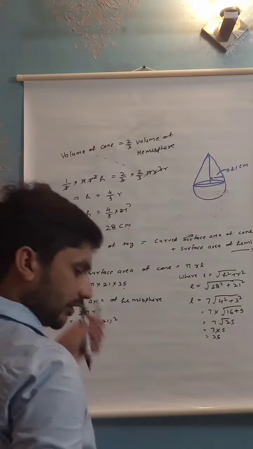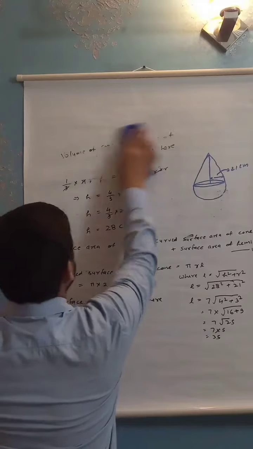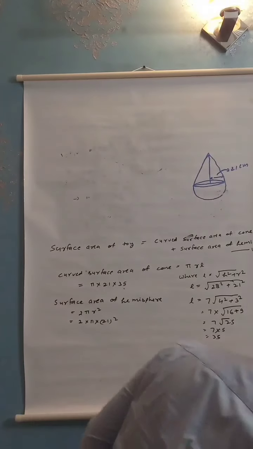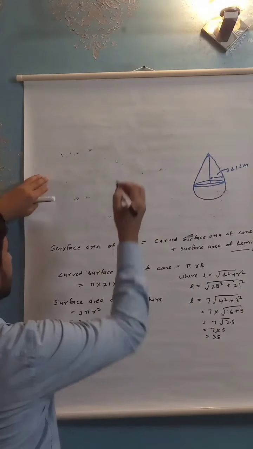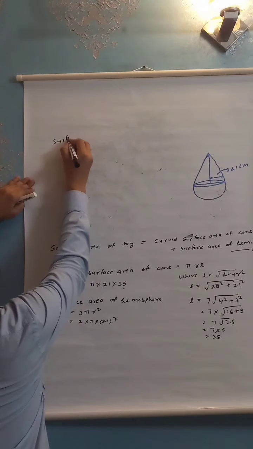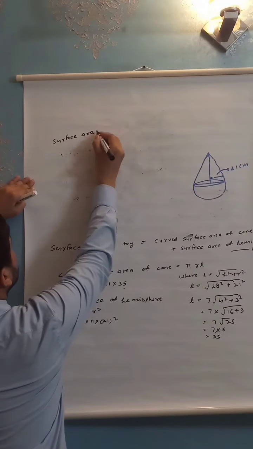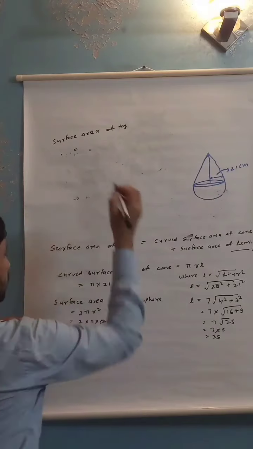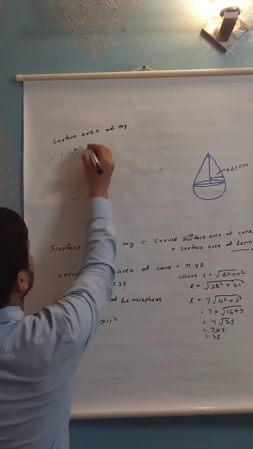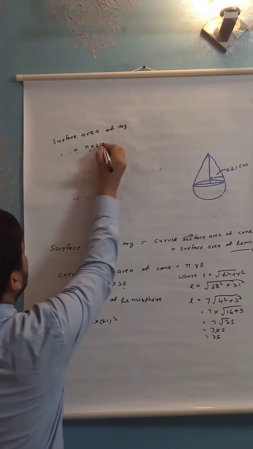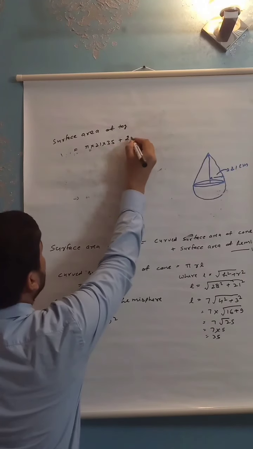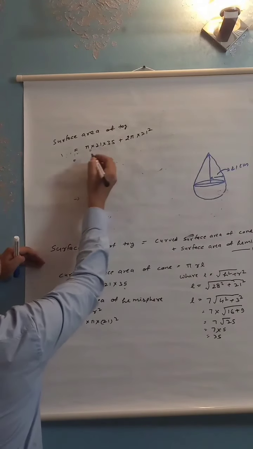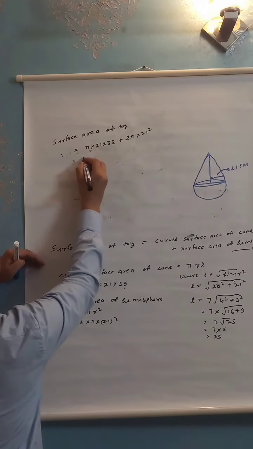In equation number 1 we can erase this, then surface area of toy equal to surface area of cone, which is equal to pi into 21 into 35 plus 2 pi into 21 square. Pi into 21 can be taken common.